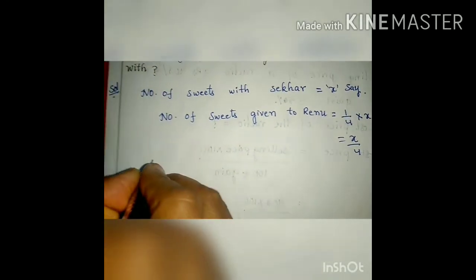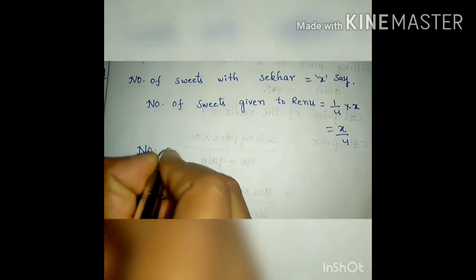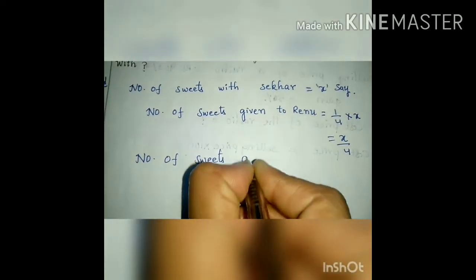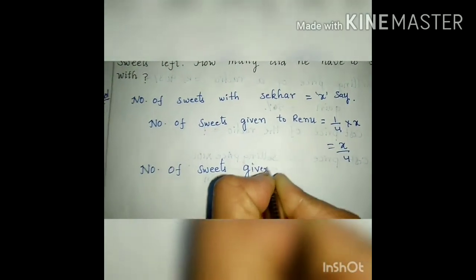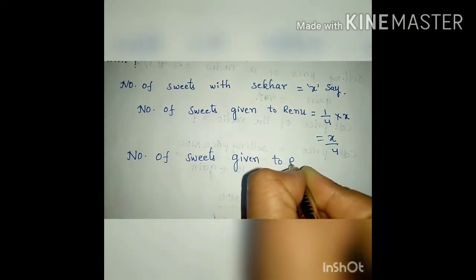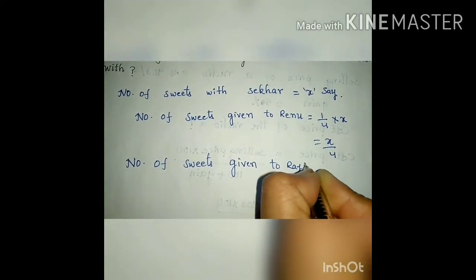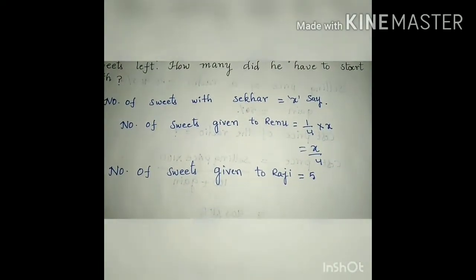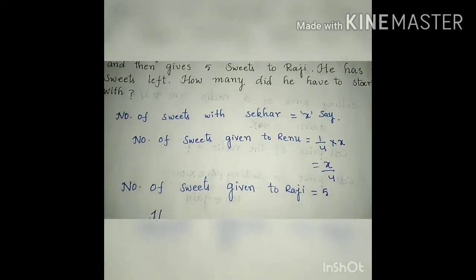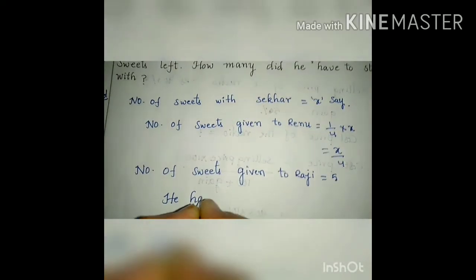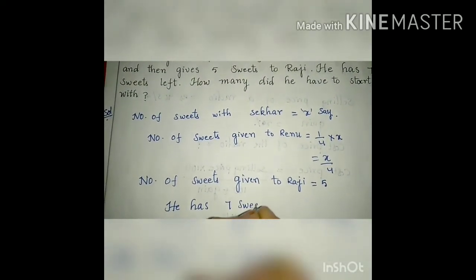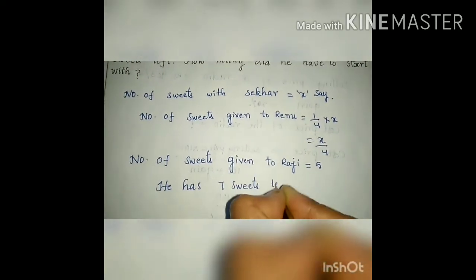Okay, next. Number of sweets given to Raji: how many sweets are given? 5. He has 7 sweets left.